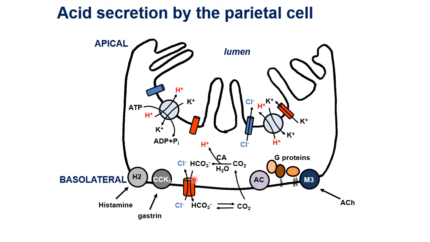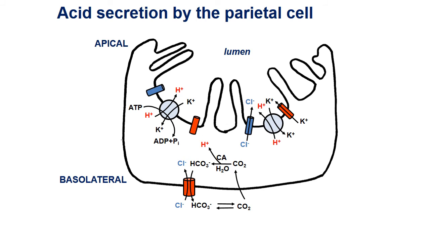And in addition, it contains a number of the key players involved in transmembrane transport. In the next two podcasts, I will look in more detail at the various transmembrane proteins. But let's now first look at the mechanism of hydrochloric acid secretion and the flow of molecules that are involved.